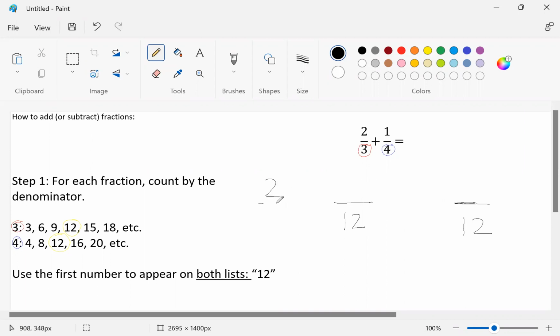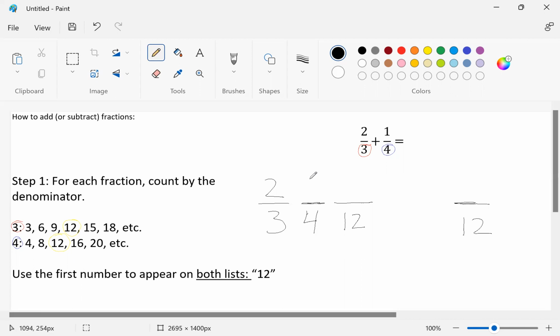So how does 2/3 become a fraction out of 12? Well, we multiply 2/3 by a number. So we think, what number do we multiply 3 by to get to 12? And that's 3 times 4 equals 12.